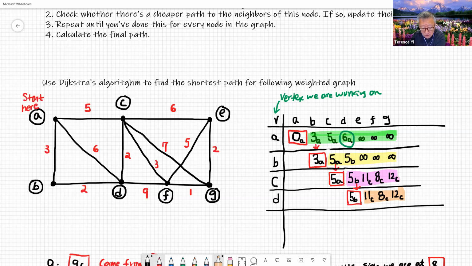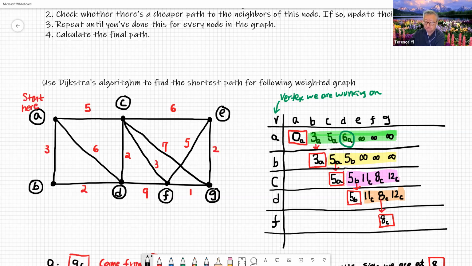So we're going to bring that down. Okay, 8C now. And let's put the box around it. Okay, and so this is going to be F.